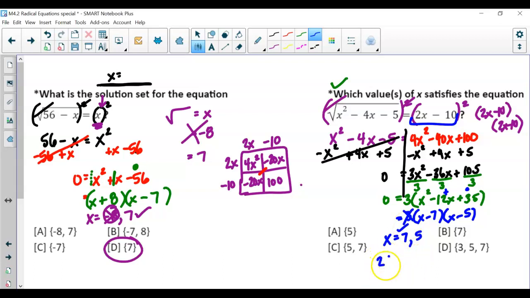So 2 times 5 minus 10. 10 minus 10, which is 0. Can our radical equal 0? Yes. It can't equal a negative because the square root of 0 is 0. So this can just not be a negative, but it can be a positive and it can equal 0. So both are a solution. That's why the answer is C.